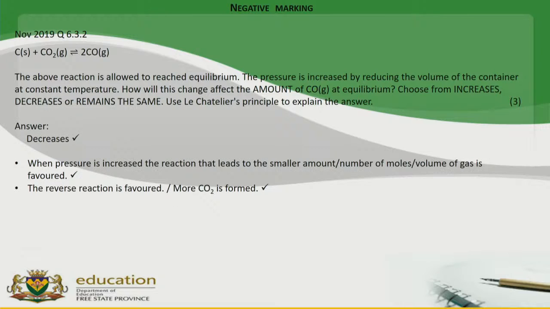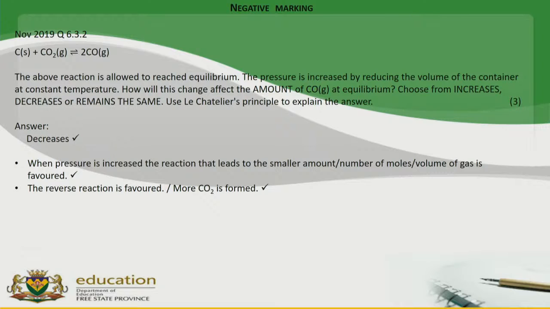What happened here is learners know that when you increase the pressure, you will favor the reaction that will lead to a smaller amount of moles of gas. Most of the learners said that when pressure is increased, the reaction that leads to a smaller amount of gas molecules is favored, which is 1 mark.